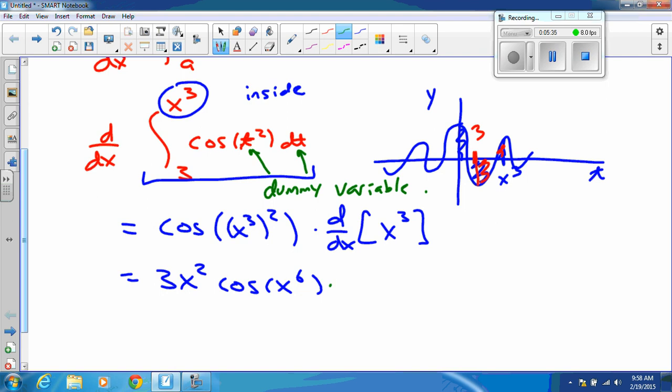When you look at this, you want to think of this as a function of x and not as a function of t, because the integration happens out to x cubed here, regardless of the identity of the variable that we have. The t is integrated out of the equation. Okay? Any other questions?